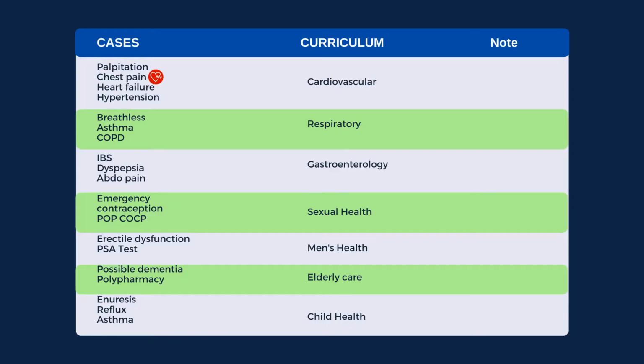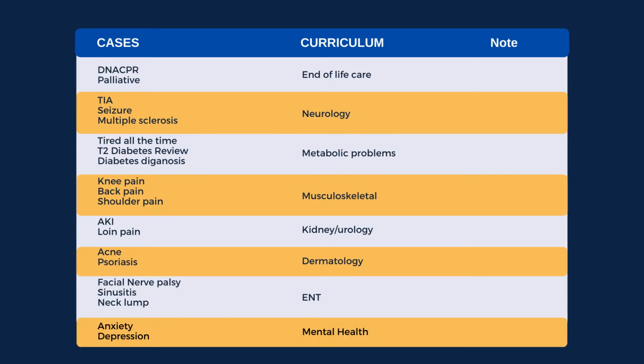So in terms of when you're selecting your cases, it's very important that you look at the balance of cases. You need to make sure that you're covering the curriculum and it's a well-balanced selection. You don't want to submit cases that are identical because then it's more difficult for you to show your skills as an independent and safe GP.